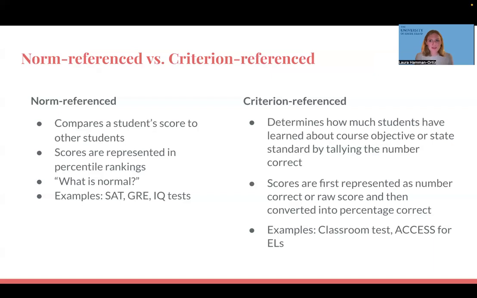So classroom tests usually use this. Most teachers don't grade on a curve and give somebody an A and somebody else an F based on comparing them to their peers. Most tests are criterion referenced, right? Where there's a set of criteria and you're evaluating students' ability to perform that criteria. The Access Test is like this as well.